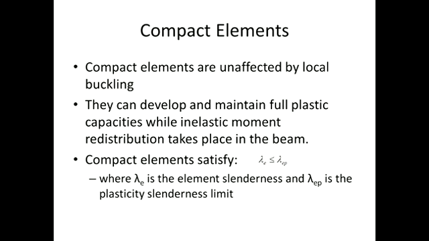One of the things with compact elements is that we know that they are unaffected by local buckling. So if we had a beam with a compact section and we bend that beam, we know that it's not going to be affected by local buckling until it reaches the plastic state.